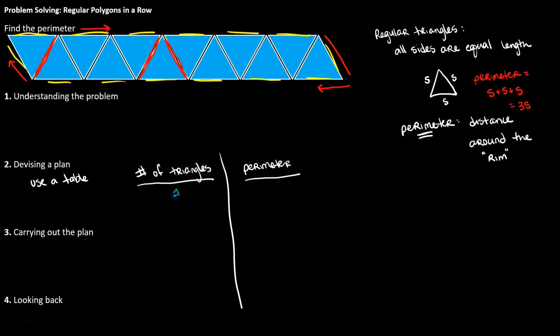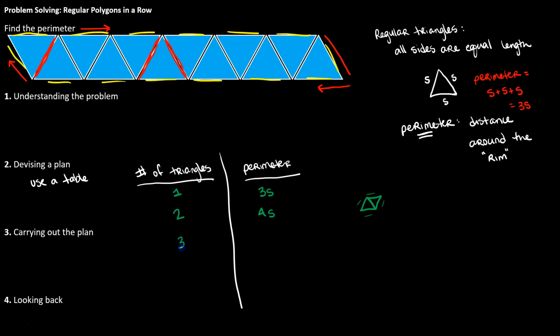If I had exactly one triangle, the perimeter was s plus s plus s, or 3s. If I have two triangles, let's draw a picture there. I have one triangle here, and then my second triangle here. I can count the sides, 1, 2, 3, 4 sides. So that would be like 4s.